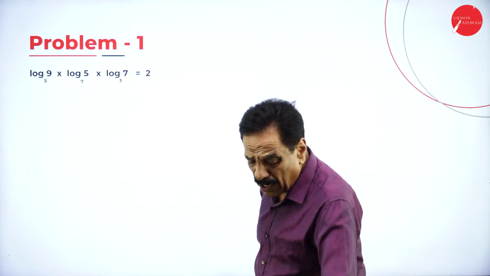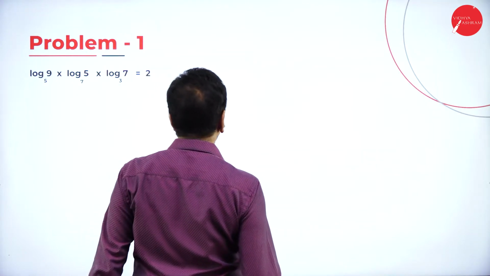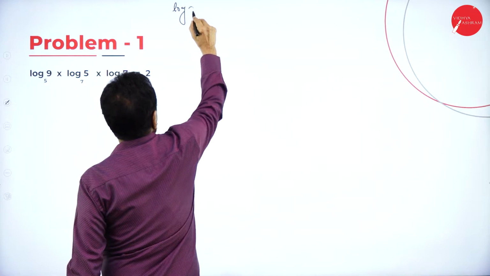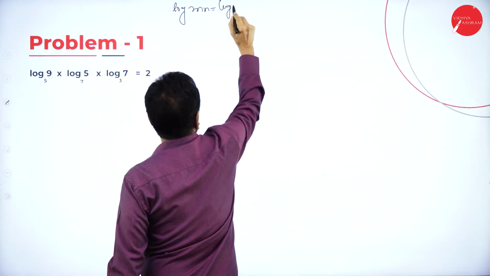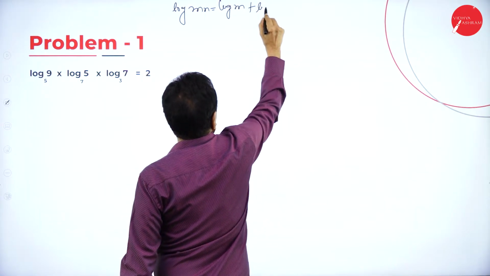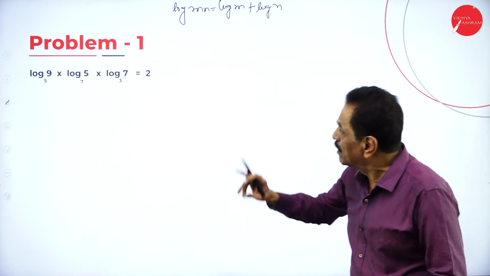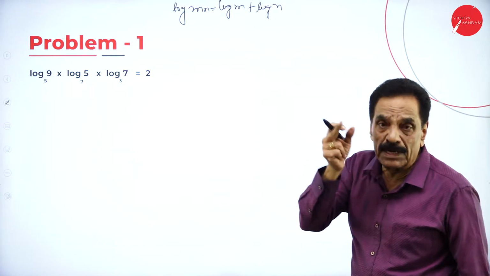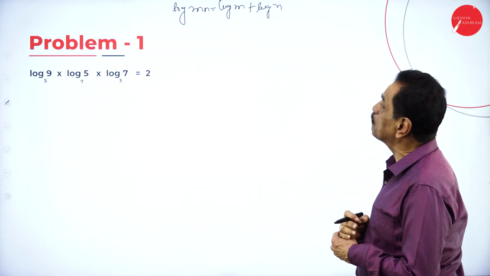Here, in logarithm, we say that always small log of mn, we can write log m plus log n. So when you say log mn, multiplication means adding, adding means multiplication. Log mn can be written as log m plus log n.